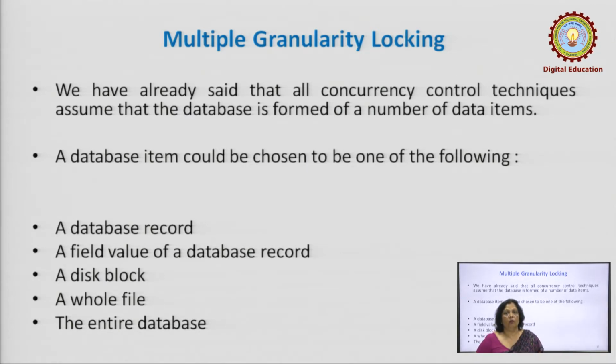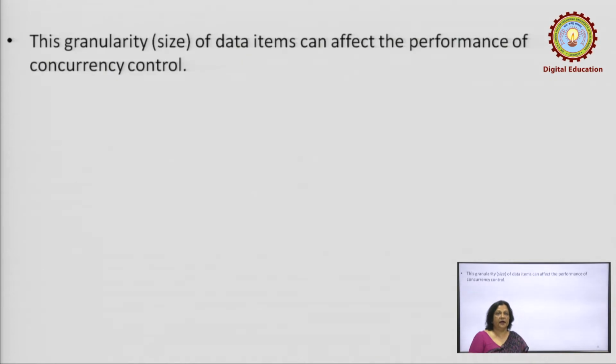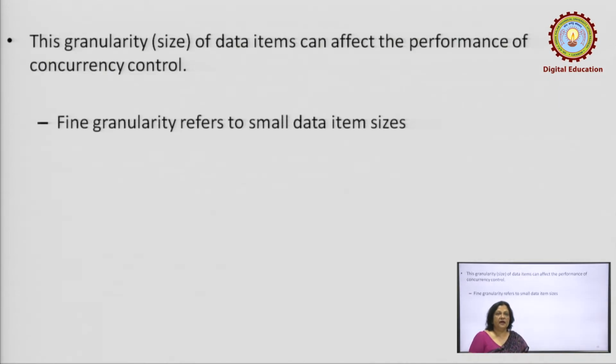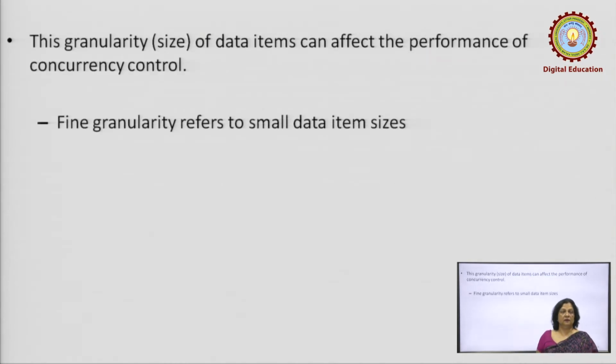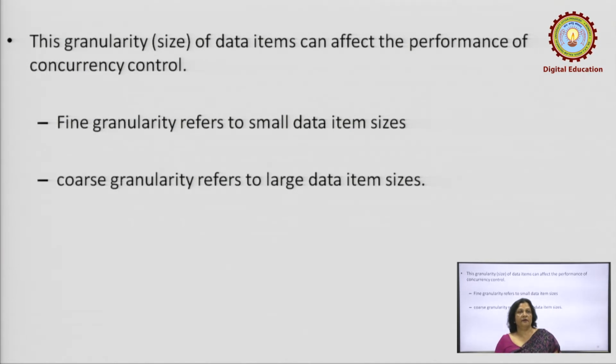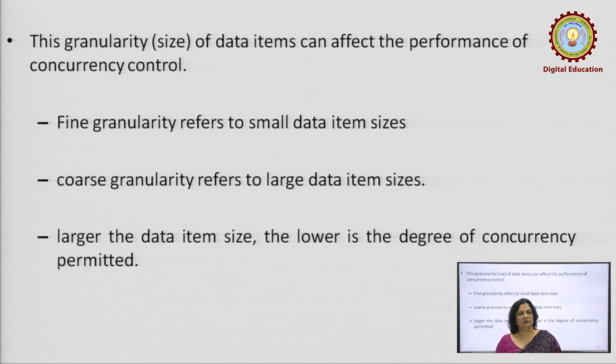So, based on what we are considering as the data item, we generally say that we have two types of granularities, the fine granularity and the coarse granularity. The fine granularity refers to small size of the data items, for example a database record, whereas a coarse granularity refers to the larger size of the data item, let us say the database as a whole.